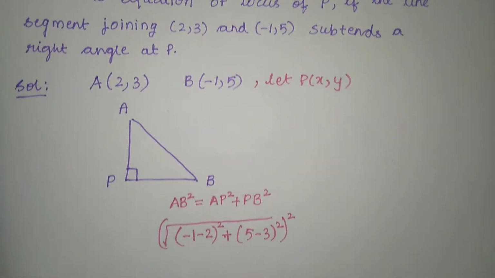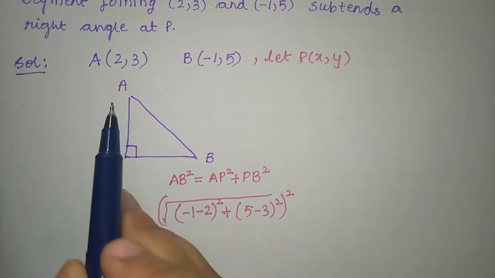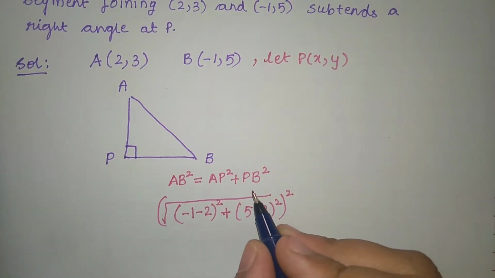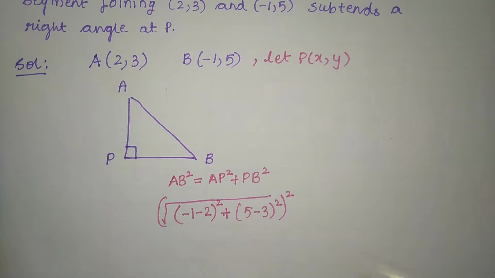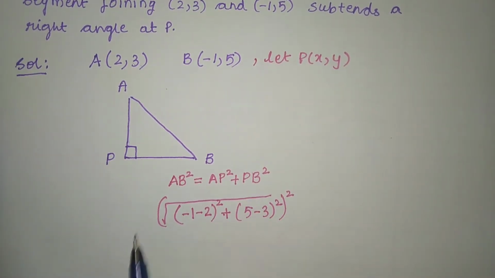So this is forming a right angle. That means the line AB is subtending a right angle at P. So here we can use Pythagoras theorem. So AB square is equal to AP square plus PB square.